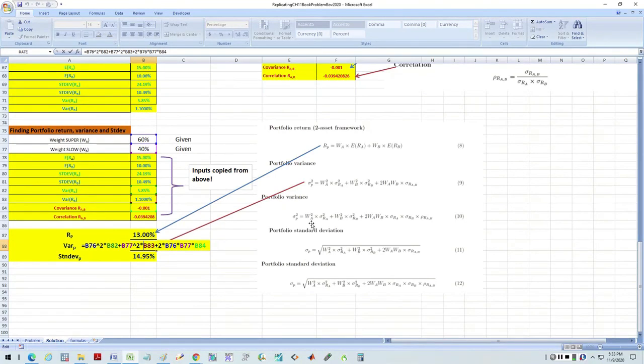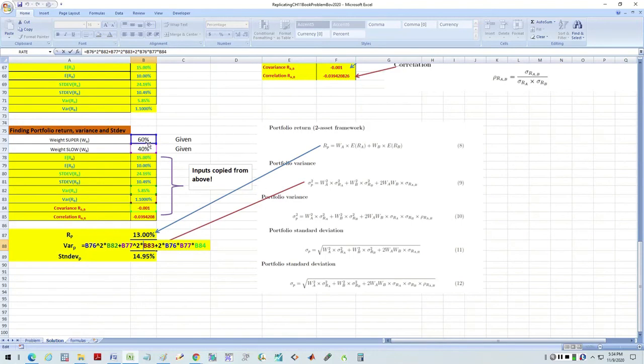So let's look at the formula. The portfolio variance, or sigma square P, equals weight of A squared times the variance of A plus weight of B squared times the variance of B plus 2 WA WB times the covariance term, the covariance of AB.